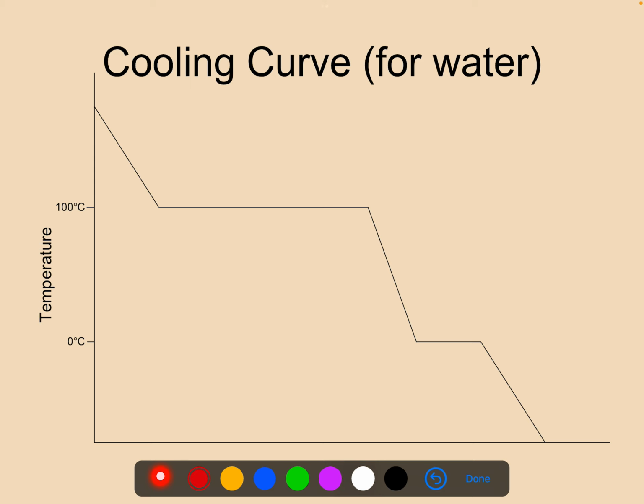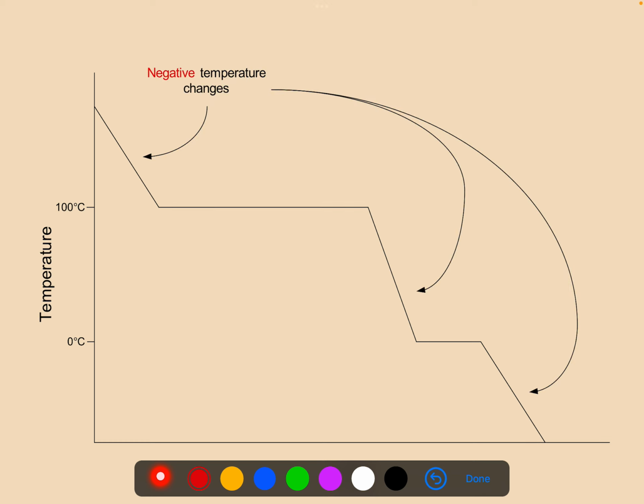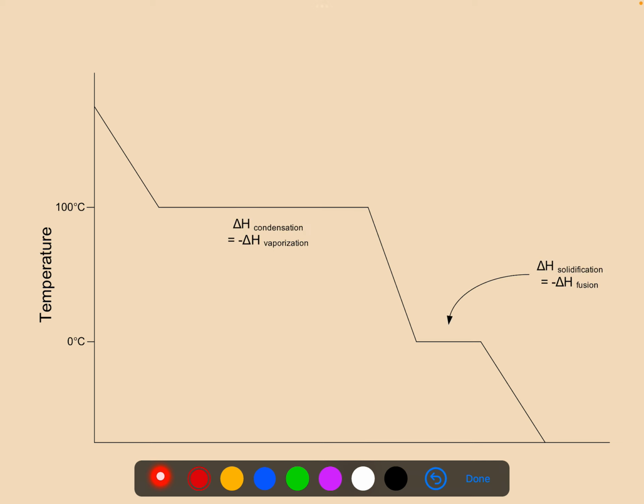Notice that it still has the same melting point and boiling point, but remember it is now going to be condensing and freezing, so going the opposite direction. With these, your temperature changes will end up being negative because the temperatures are going down. And then in terms of the phase changes, because we said this is still releasing energy, instead of vaporizing, we are now condensing.